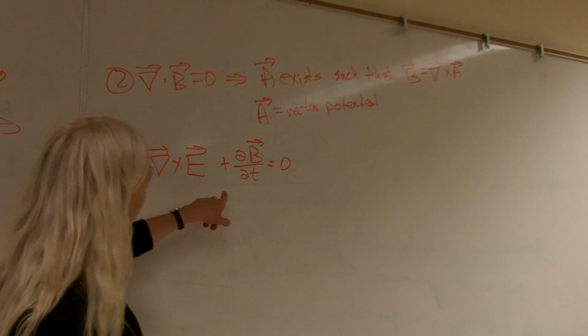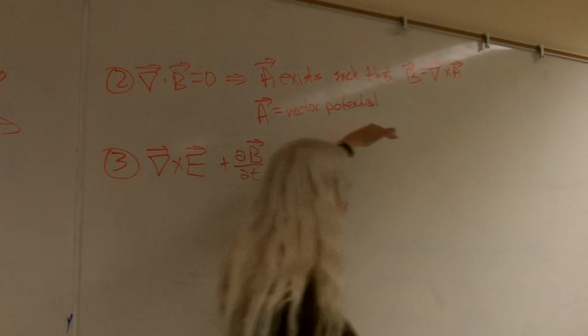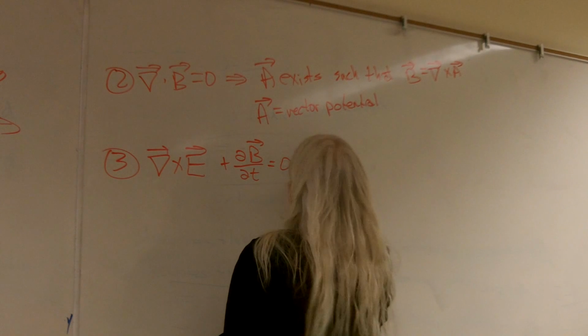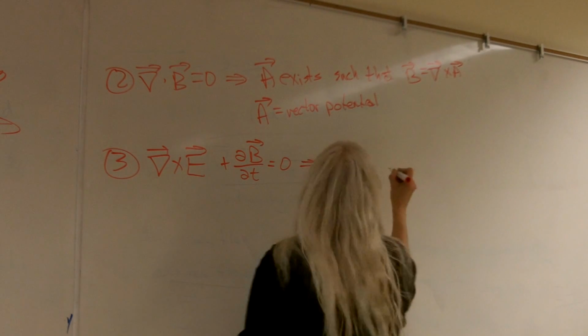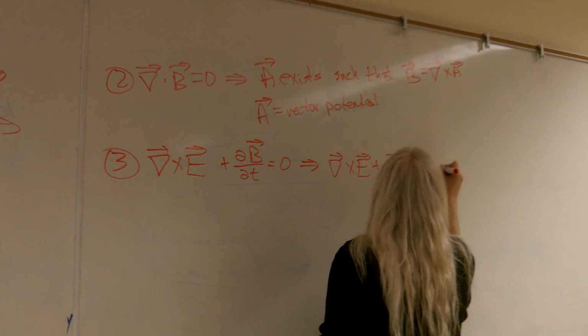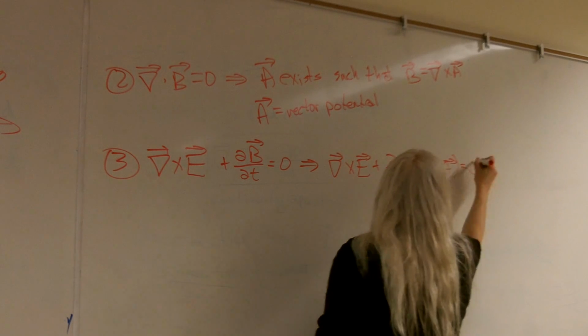Let's combine that with what I just said from Gauss's law for magnetism, namely that B can be written as the curl of A. So we can rewrite this as the curl of E plus the time derivative of the curl of A equals 0.